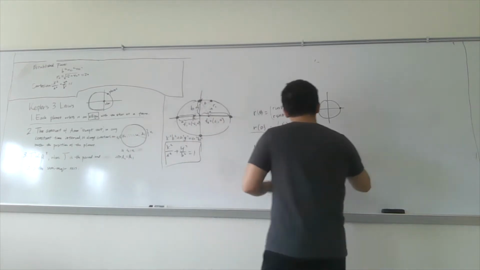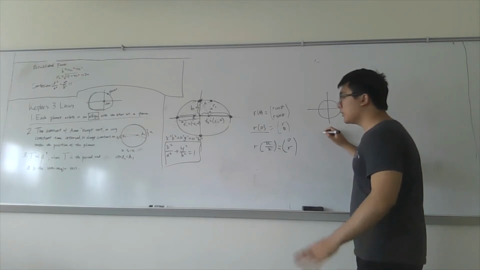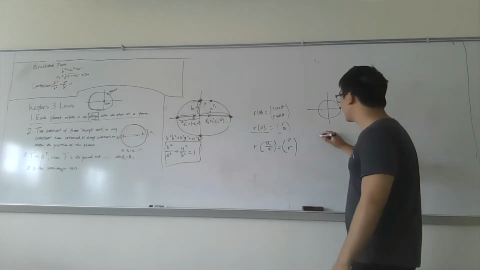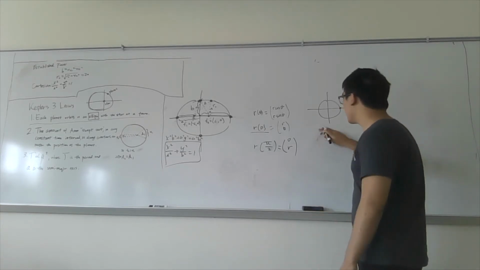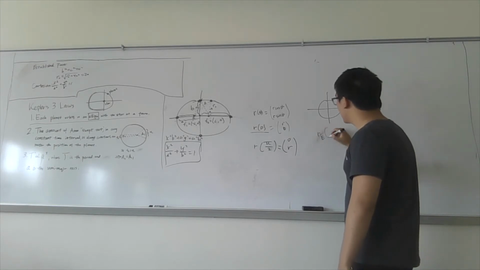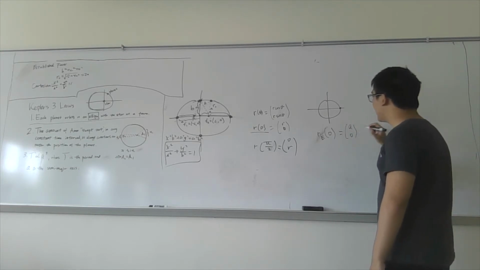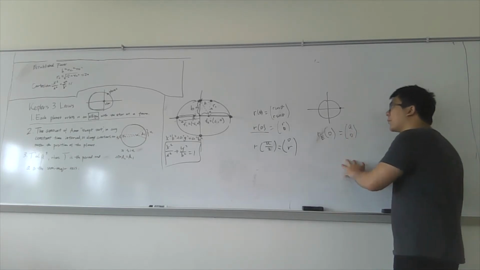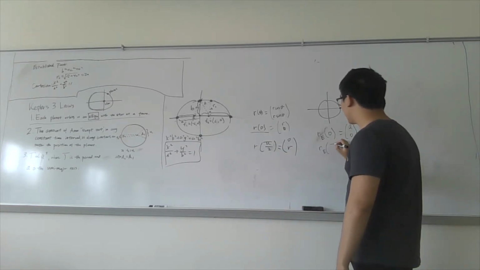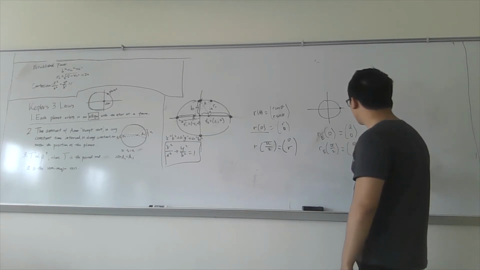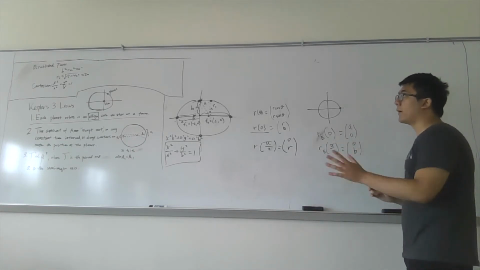So if we extend this to a parameterization of the ellipse, I'll call it r_E, we should roughly expect its value at 0 to give a vector with magnitude a that points along the x-axis, because that corresponds to the semi-major axis. And evaluating at pi over 2 gives a vector that corresponds to the semi-minor axis.